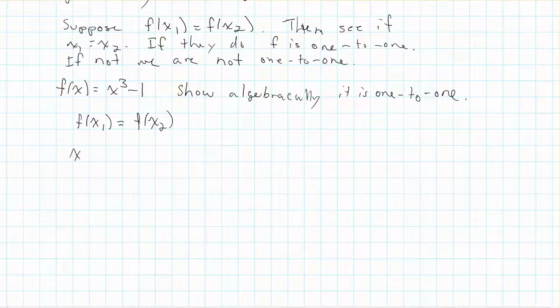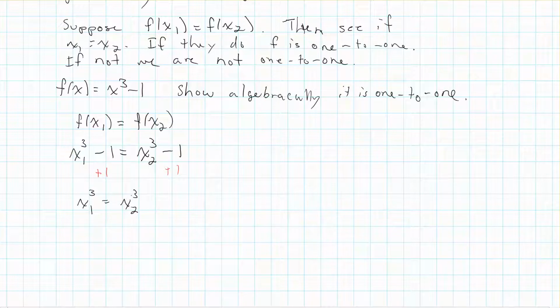So what we have is x1 to the third power minus 1 is equal to x2 to the third power minus 1. And then we're just going to, in air quotes, solve this for x1 or for x2. So, of course, we could add 1 to both sides. And if we do that, we get x1 cubed is equal to x2 cubed.